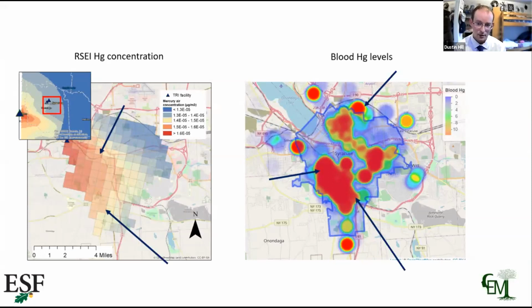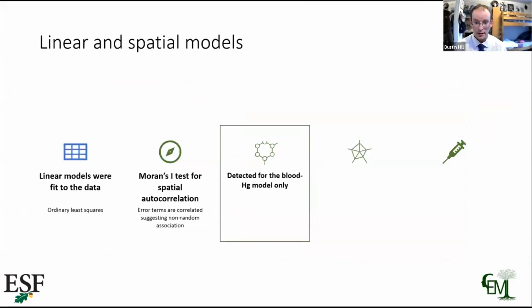There appear to be higher blood mercury. Of course, the fit isn't quite perfect, and it's also really just a visual look. But this suggests that maybe a spatial model would be better and provide us more robust estimates of whether the two are correlated.